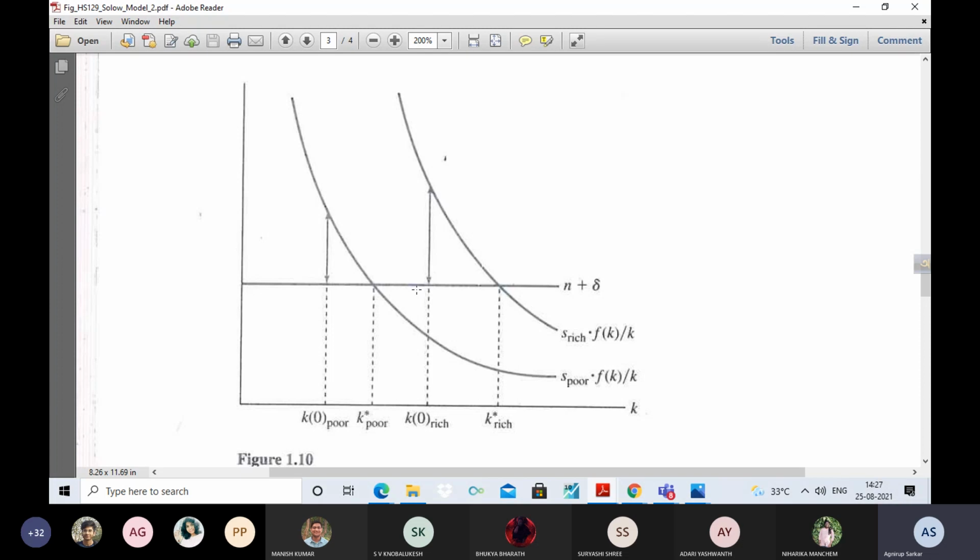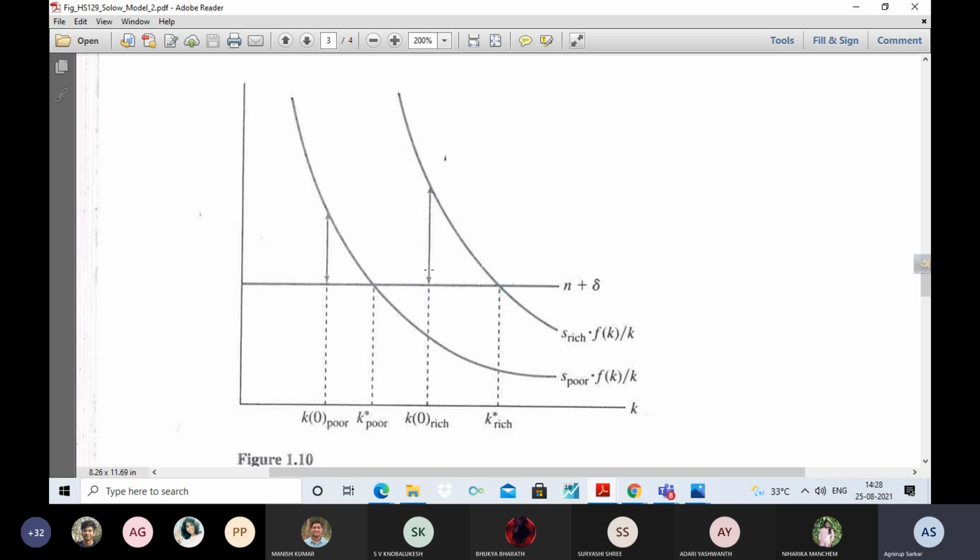So this concept of growth rate of capital for a poorer economy being greater than for a richer economy would definitely apply. However, if the rich economy has a higher saving rate, as is shown in this particular figure, then we would find that K dot by K poor is less than K dot by K rich. This might hold, right? As you can find in this figure.